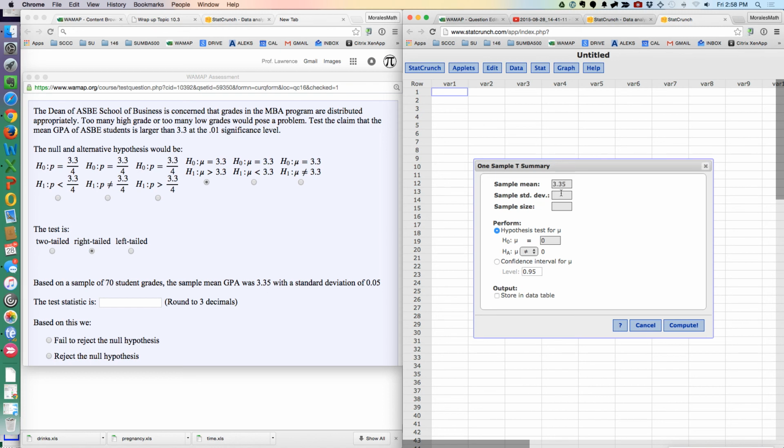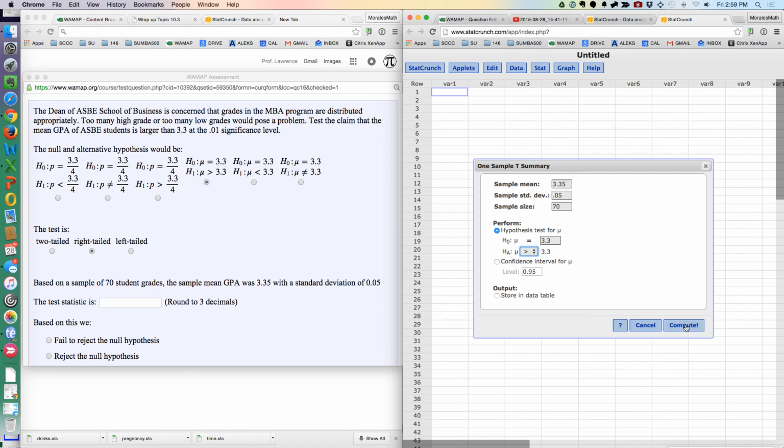The sample standard deviation is 0.05, and the sample size is 70. We're running a hypothesis test where we're checking the null with the null being mu equals 3.3, and we want to test the claim that this particular sample mean GPA is not unequal to, but is greater than 3.3.